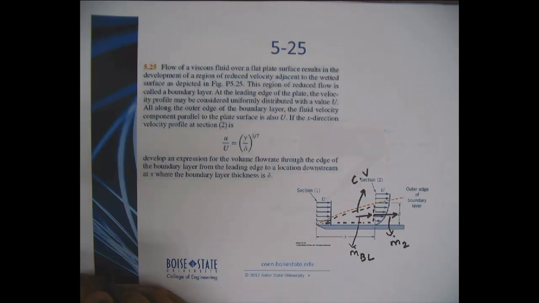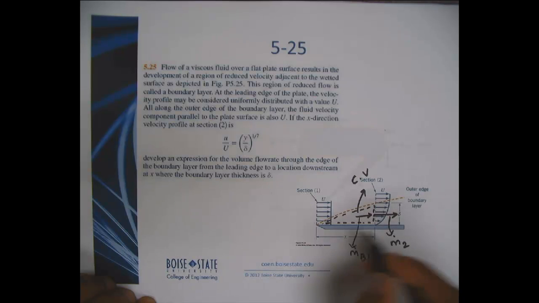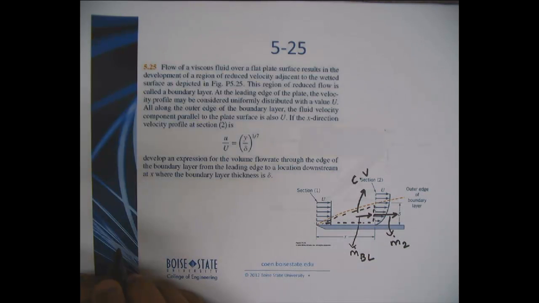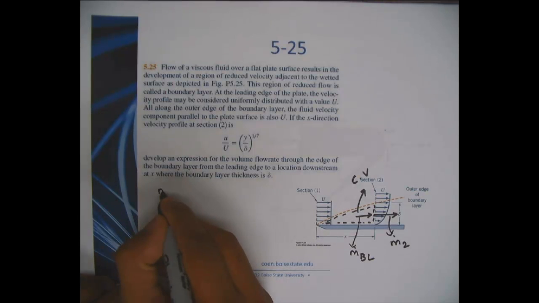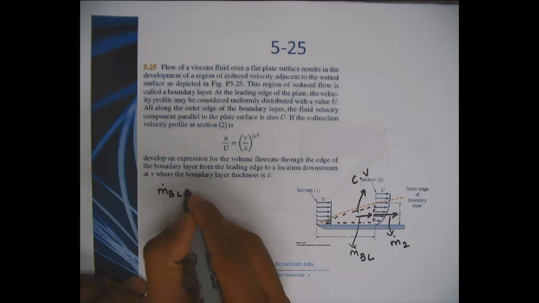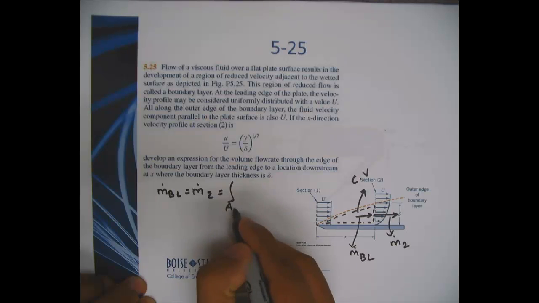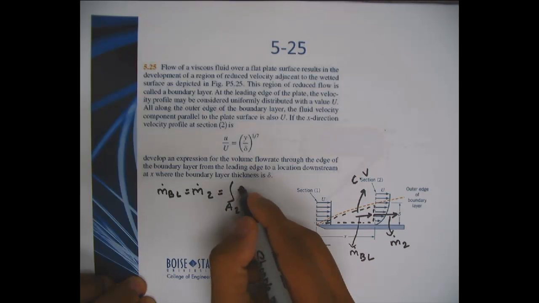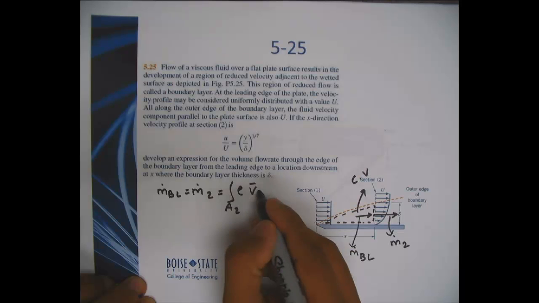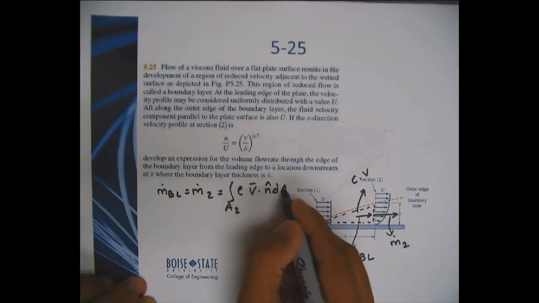Again, we can apply the conservation of mass principle for this control volume. Whatever is m dot BL should be equal to whatever is going out of the control volume, which is m dot 2. So m dot BL will be equal to m dot 2, and we can write this as the integral over A2 of rho V dot n dA.